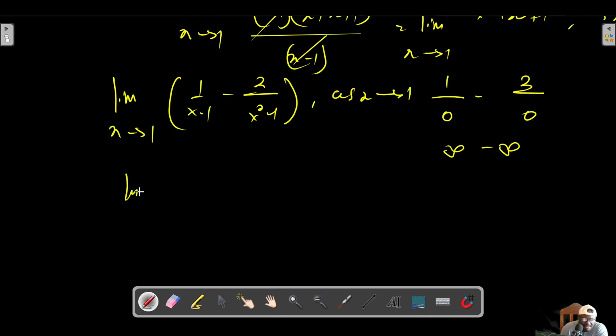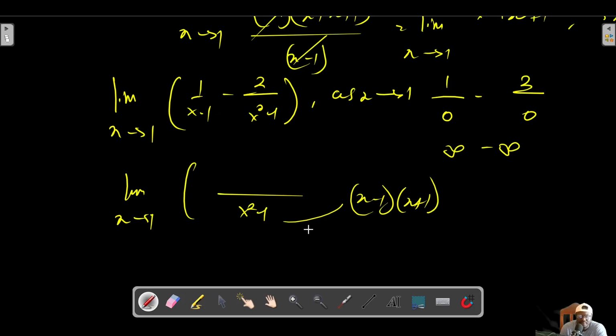So it becomes the limit as x is approaching 1 of the expression. Simplifying, first get the LCM, which is x squared minus 1, because x squared minus 1 can be factorized as x minus 1 in parentheses, x plus 1 in parentheses. So the factors of x squared minus 1 are these. You realize that x minus 1 is also a factor.